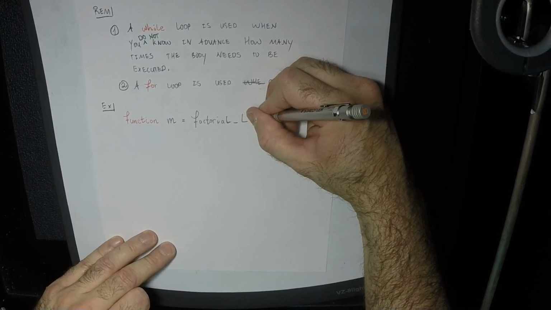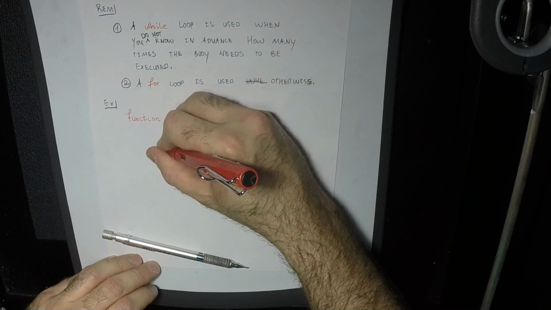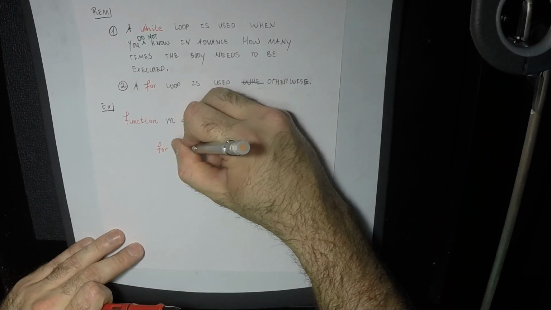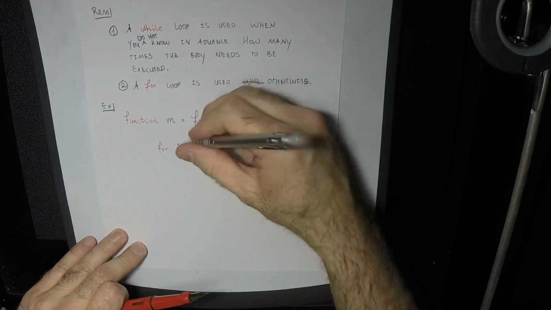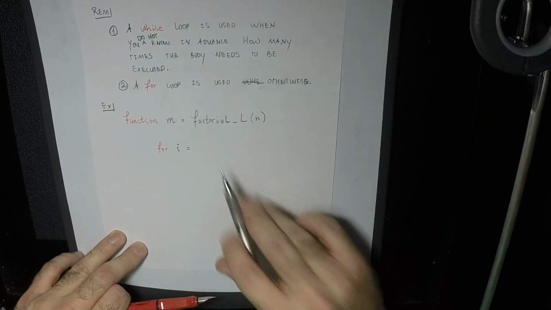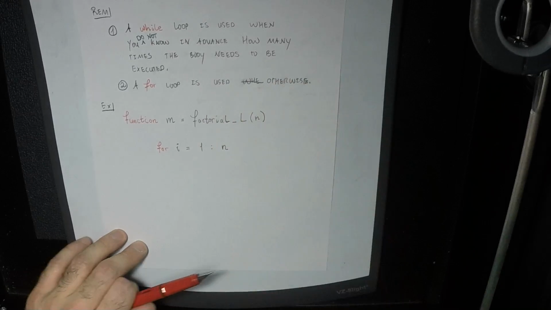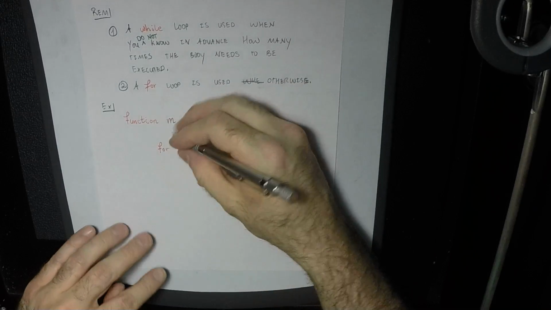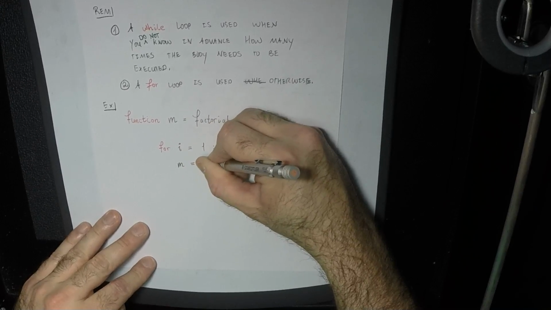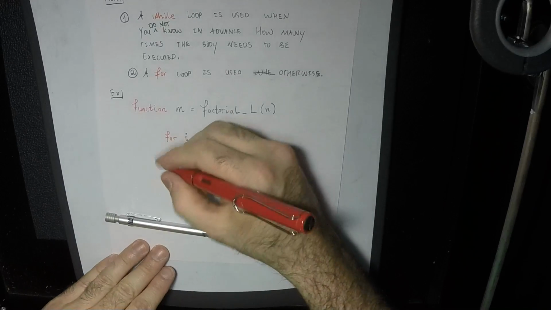I need an input n, so then I could say for I equal, so what should be the beginning and the end? 1 to n. For I equal 1 to n, m is m multiply I. End.